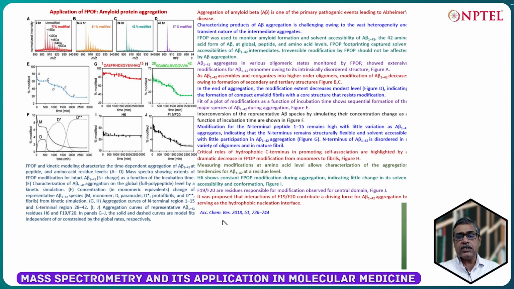Now, the interconversion of the representative A beta species, by simulating their concentration changes as a function of incubation time, is shown in figure F. If you see figure F, the concentration in monomeric equivalent changes of representative A beta 42 species, M stands for monomer, D stands for paranuclei, D star stands for protofibril, and D double star stands for fibril.